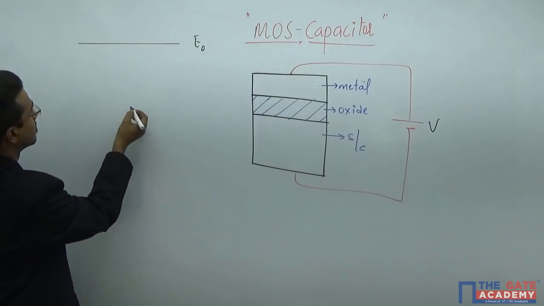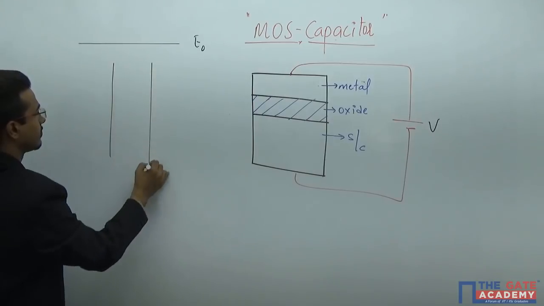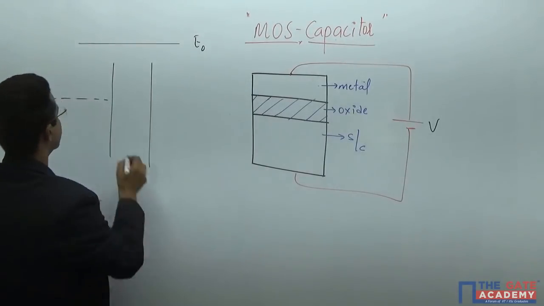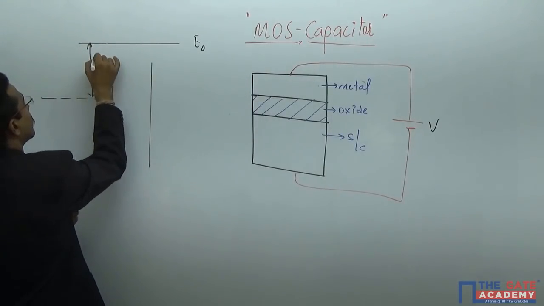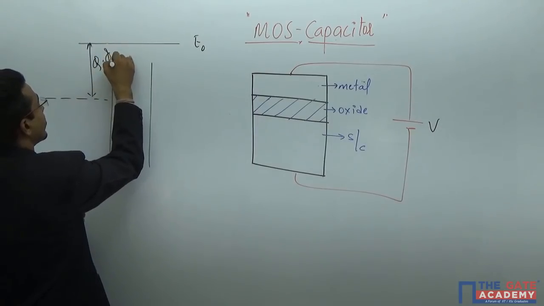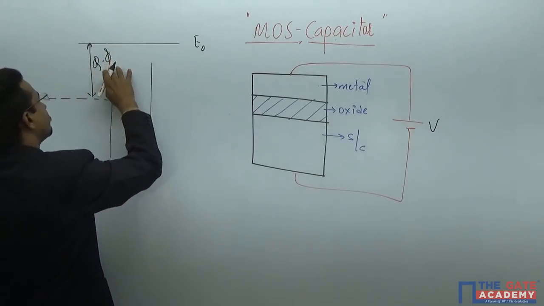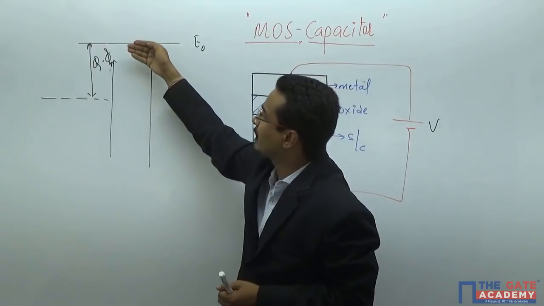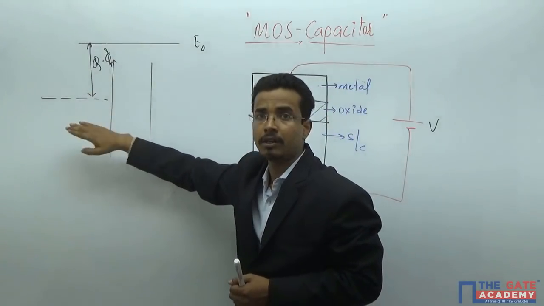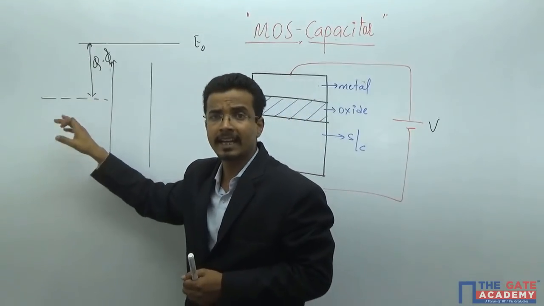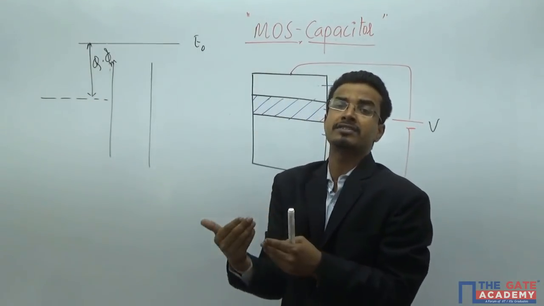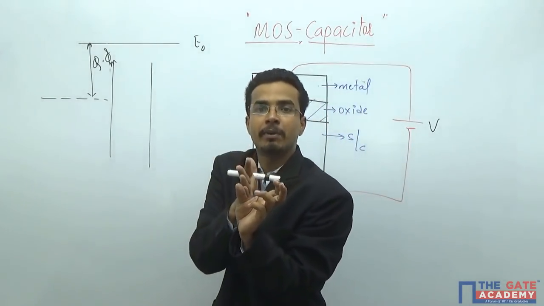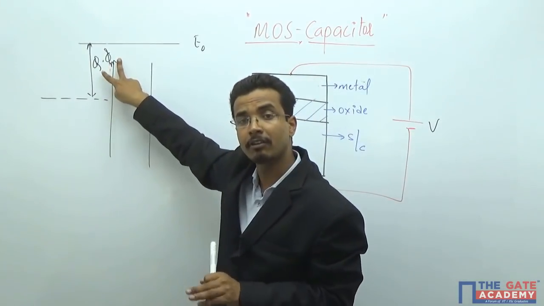After that, this oxide, and here I have the metal which has the work function of q phi M. What is the work function of the metal? It is the energy difference between the vacuum and the Fermi level of the metal, and it will always be constant because the number of charge carriers in the metal is constant. That number is constant for each and every material, which is why the work function of the metal is always constant.